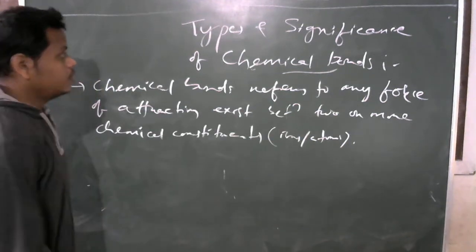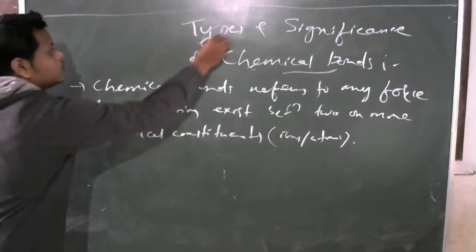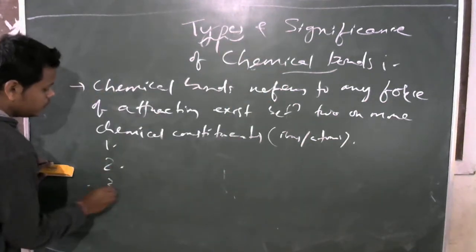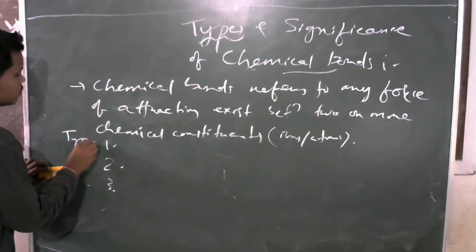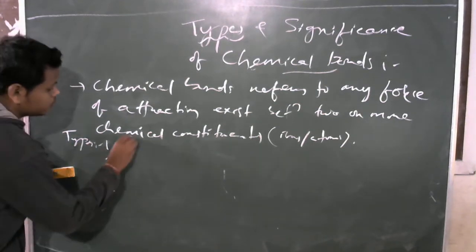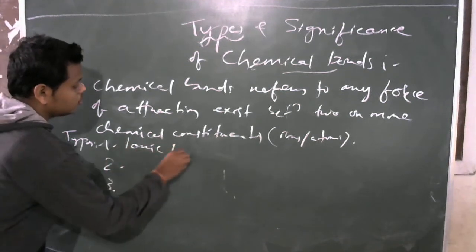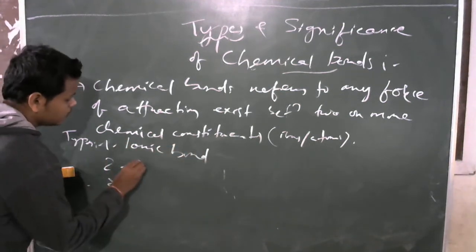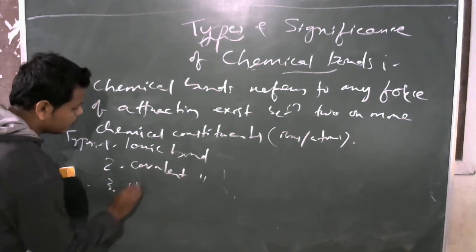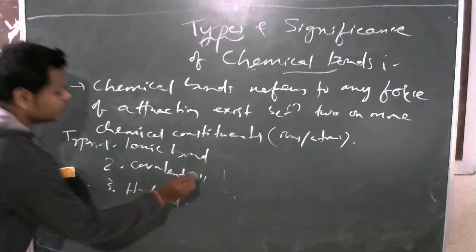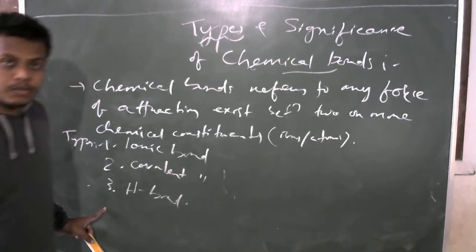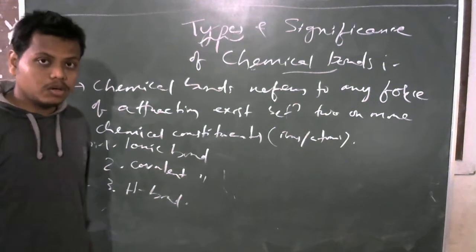Then their types. What are the types of chemical bonds? There are in general three different types of chemical bonds we will discuss. First one is ionic bond, second one is covalent bond, and third one is hydrogen bond. In some books other bonds such as polar bond and metallic bond are also written, but in biomolecules we discuss in general these three. The covalent bond is also of two types: polar covalent bond and non-polar covalent bond.